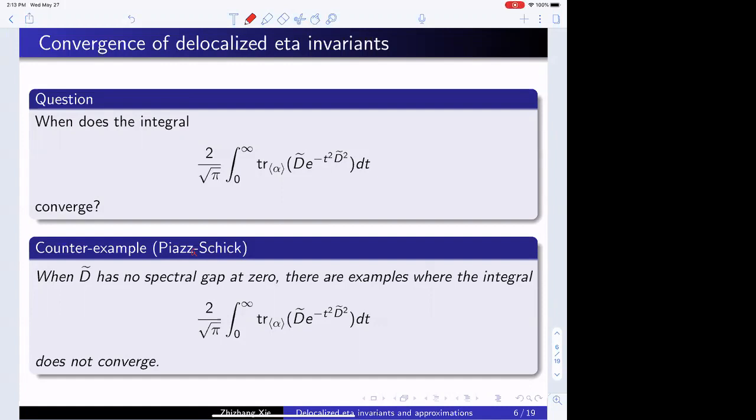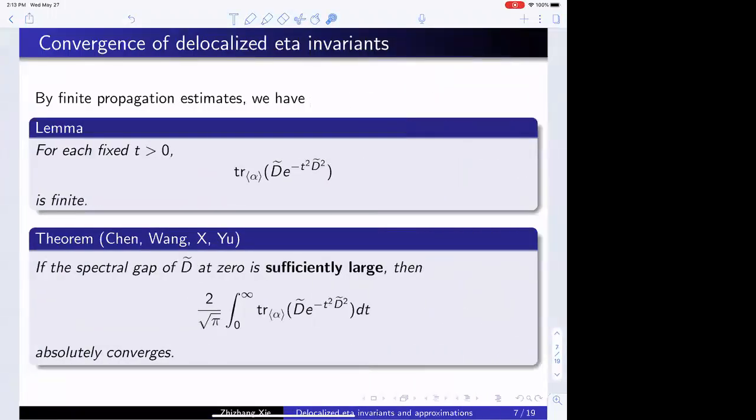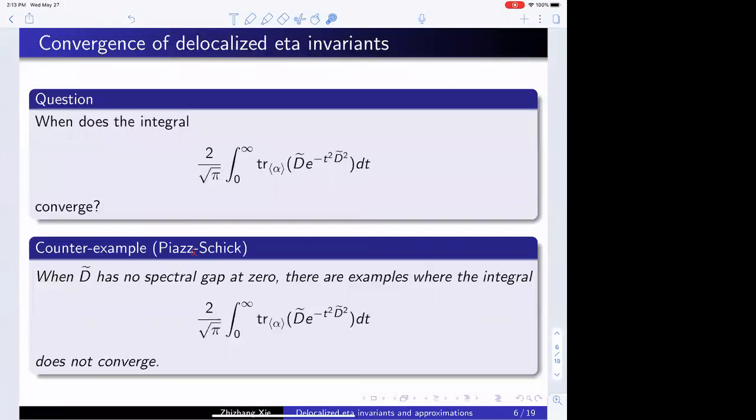You can show that if D tilde is not invertible, or if there's no spectral gap at 0, then there are examples where this integral does not converge. Some quite explicit examples, actually. So in general, the minimum condition to impose is that D tilde has to have a spectral gap at 0.